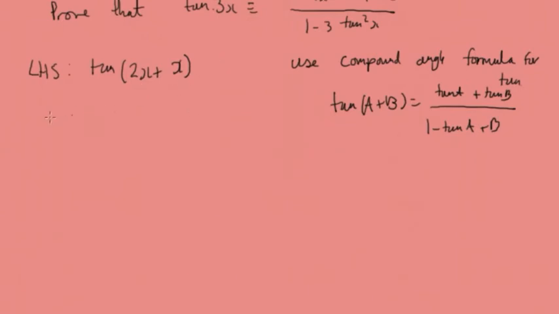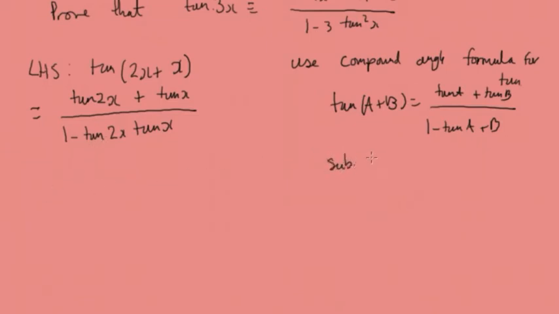So let's write that in. So we'll have tan, instead of a, it's going to be 2x plus tan x over 1 minus tan 2x tan x.